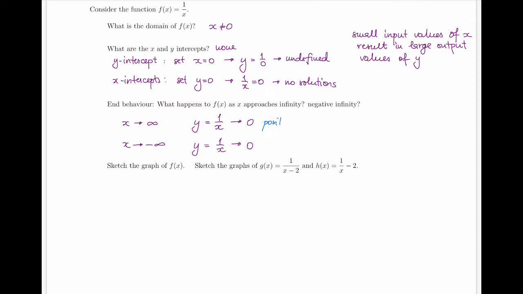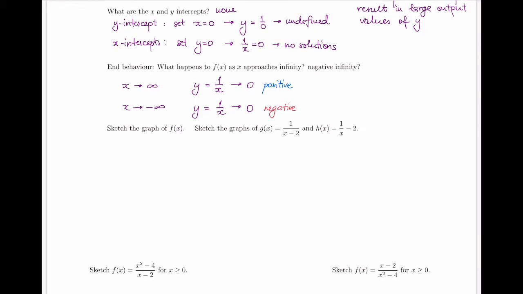So this 0 is positive because I'm plugging in a large positive value, and this 0 is negative because I'm going to be plugging in a large negative number. With all of this information at hand, let's sketch the graph of this function. Now, of course, the other way to sketch the graph of this function is to simply plug in points and look at the trends in the points.